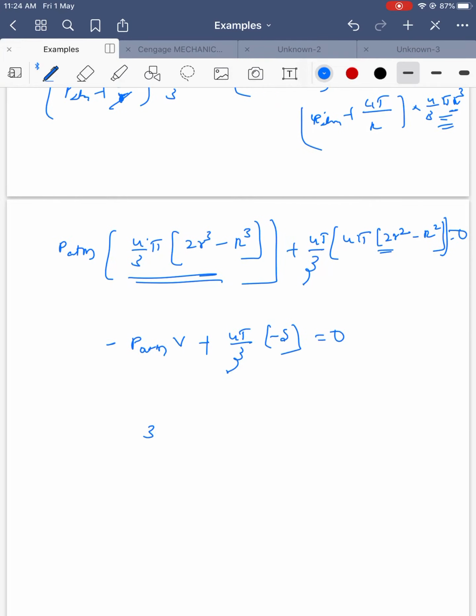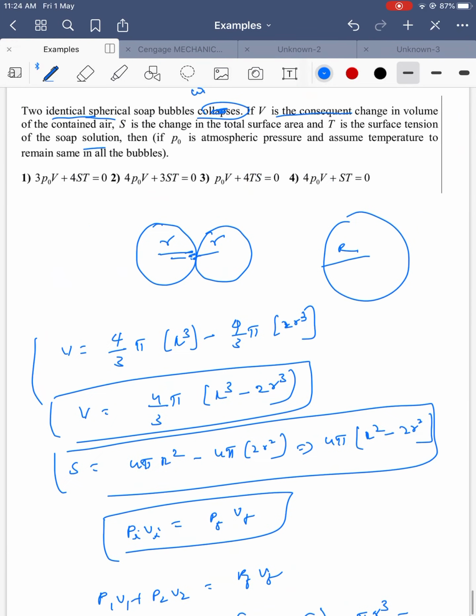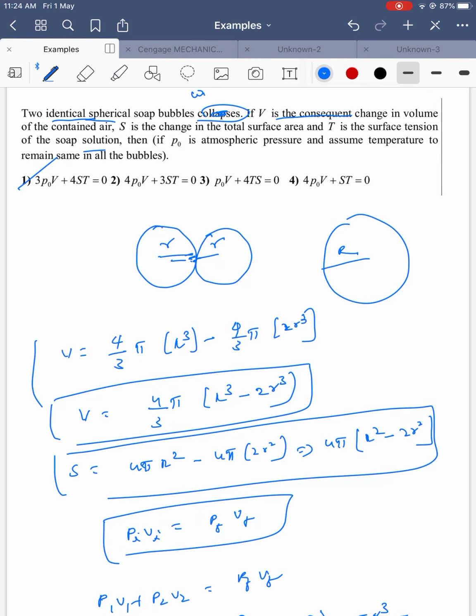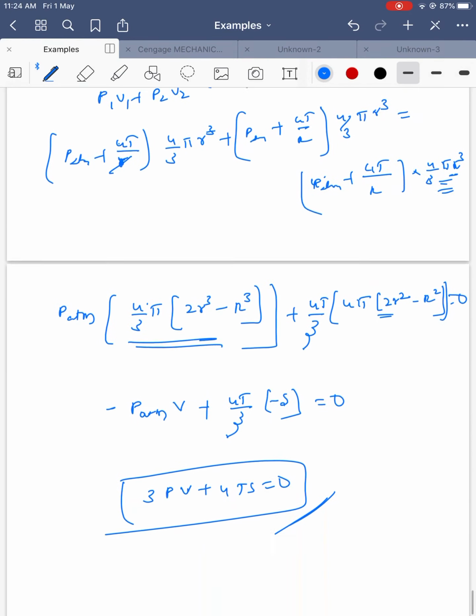So 3PV plus 4TS is equal to 0. This is the expression.